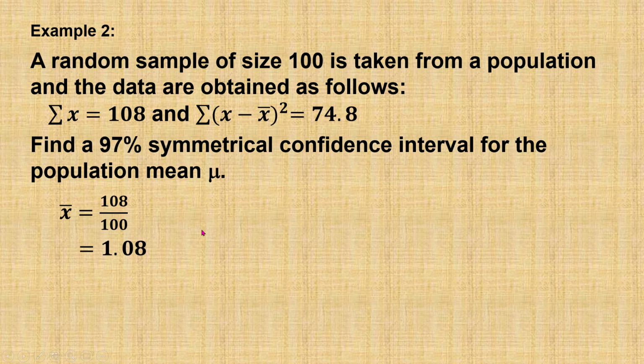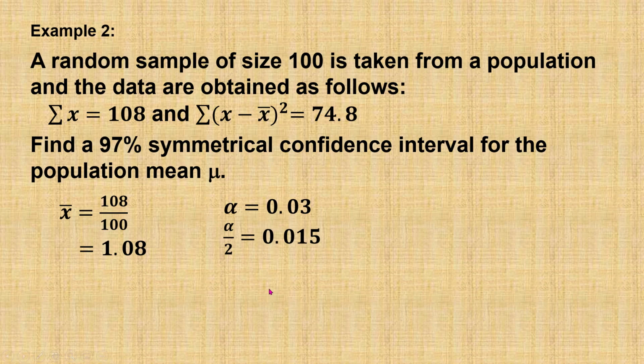Next, I'm going to find the Z value. Since the confidence level here is 97%, the probability is 0.97. So alpha is equal to 1 minus 0.97, which is 0.03. Then alpha over 2 is 0.015.